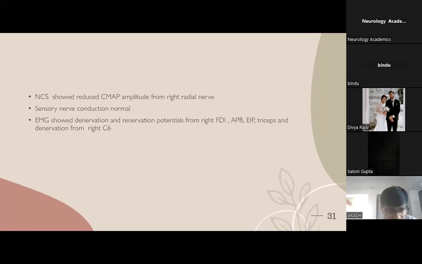So there is an NCS showing reduced CMAP amplitude from the right radial nerve. Sensory conduction was normal. EMG showed denervation and reinnervation potentials from the ulnar and radial innervated muscles along with the right C6. So it can be a radiculopathy.